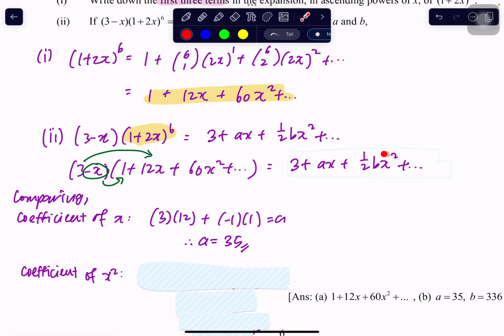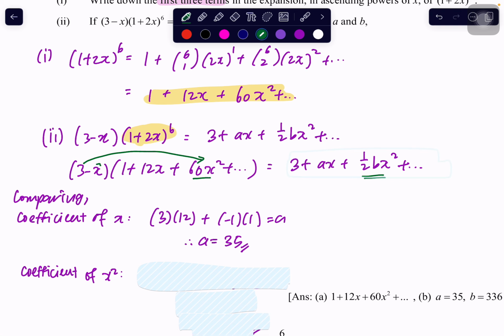Lastly, to solve for the value of b, I will be comparing the coefficients of x squared instead. I'm just going to erase the green arrows. Now let's see how we can get the x squared using the expansion. 3 should be multiplied to 60x squared, because a constant multiplied to an x squared term gives the x squared term.